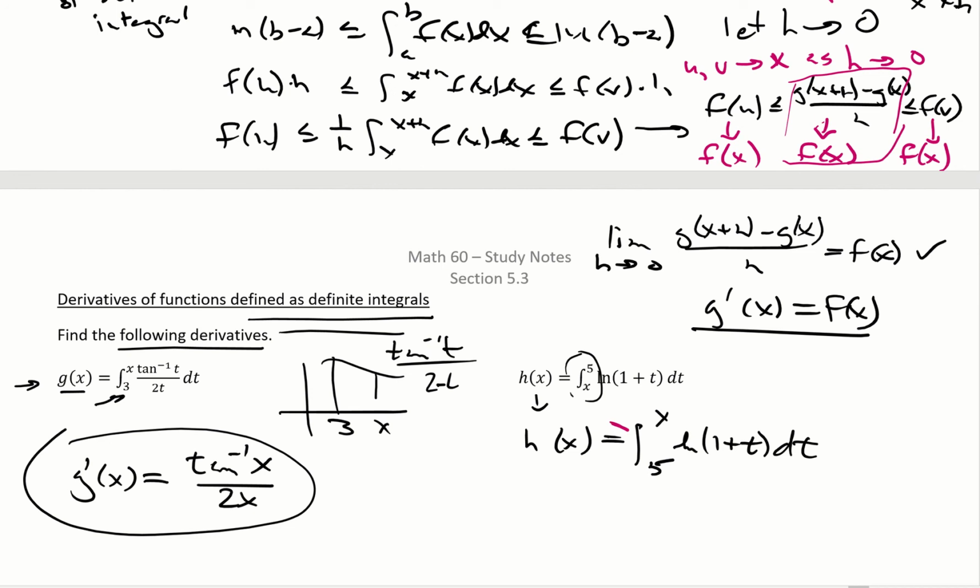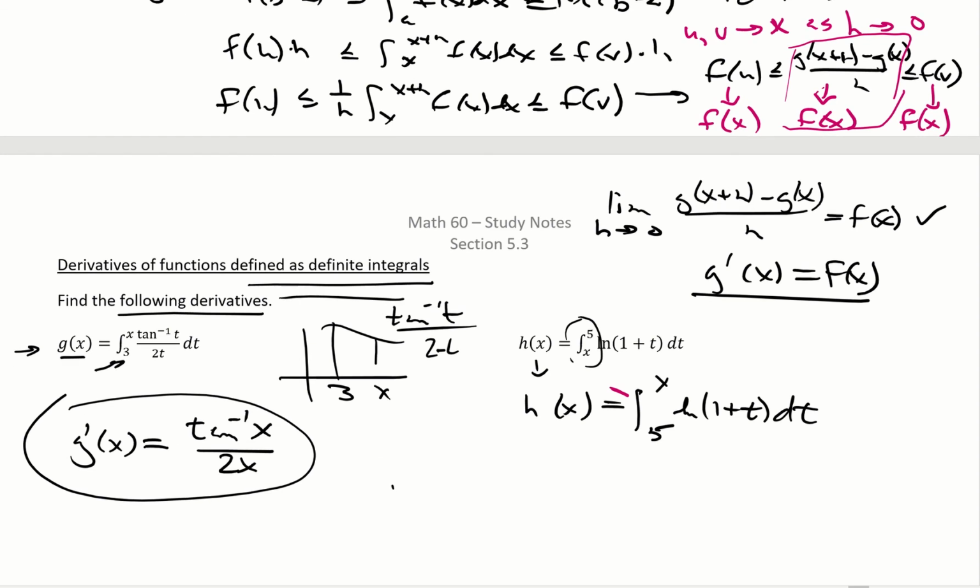I got to change the sign. That's right, that's another property of definite integrals. If you switch the limits, you change the sign. So now you can take the derivative, and the derivative is minus this function, natural log of 1 plus, guess what? x. Done.